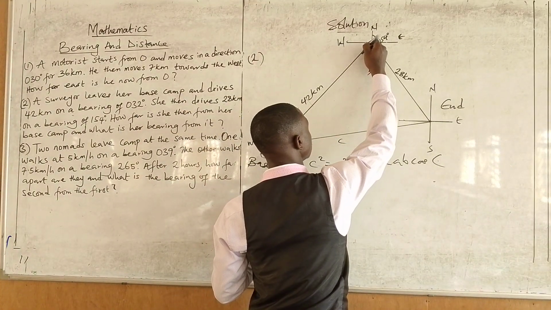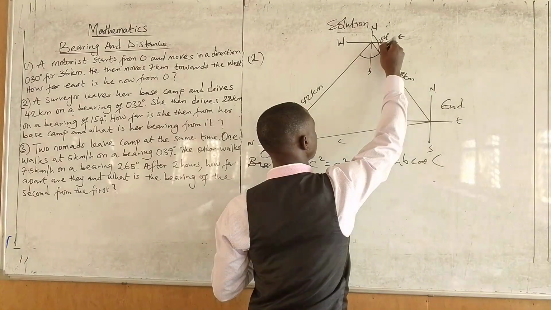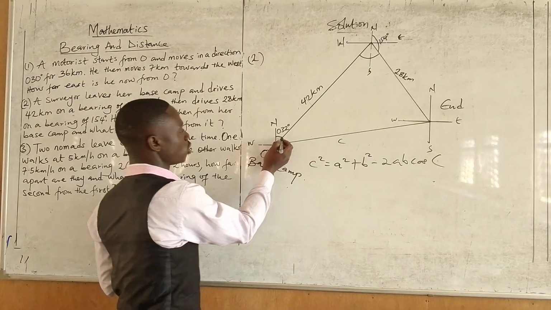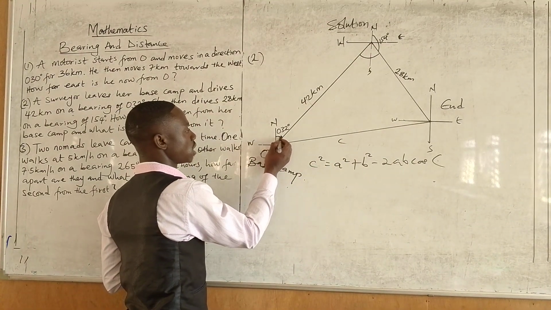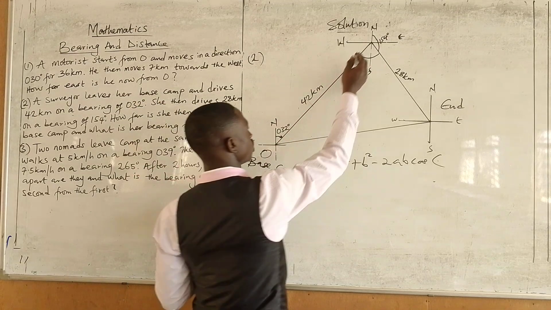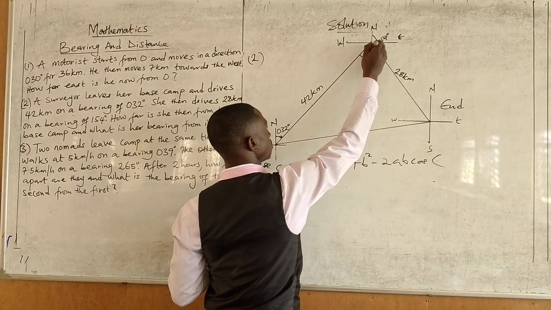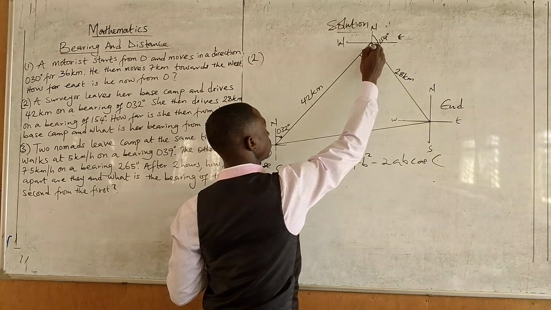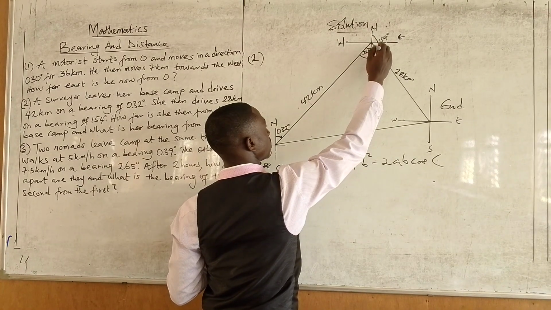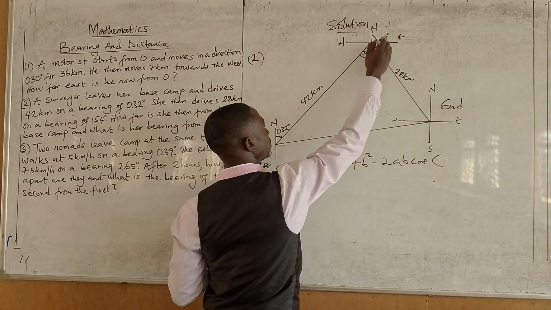Because we need this angle, the whole of this angle. We have to go back to the angles given to us. This angle here is 32 degrees. So it's going to be alternate to this small angle here. So meaning here is going to be what? 32 degrees.